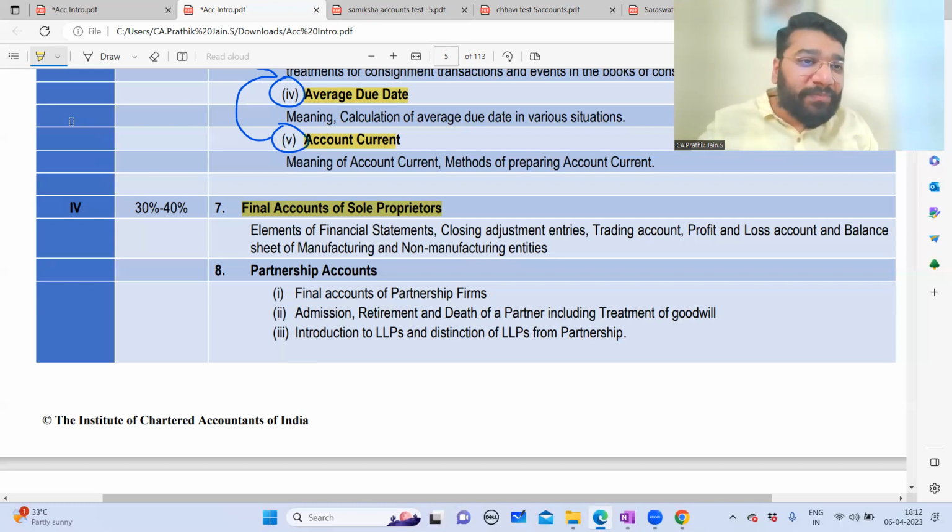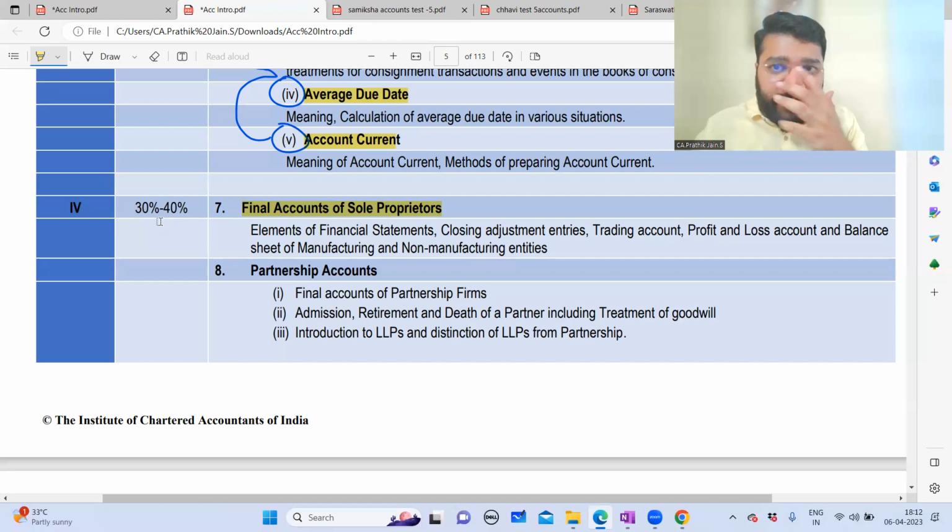This is being asked for 30 to 40 marks. Solid area, but a lot of people struggle in this because they don't understand the adjustments properly, because when they studied this in 11th and 12th, they would have ended up learning by heart. For example, salary or outstanding salary means add outstanding salary. They just remember it by heart. In accounts, I'm telling you very clearly, guys, there is nothing to learn by heart. Everything is so conceptual.